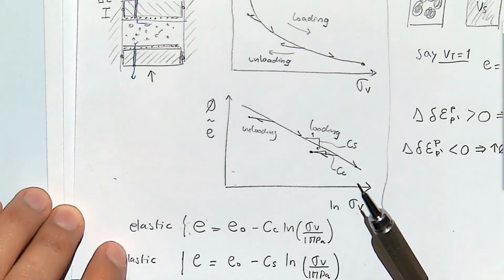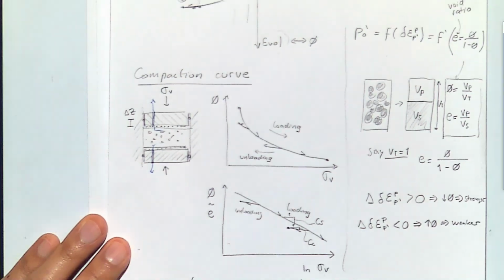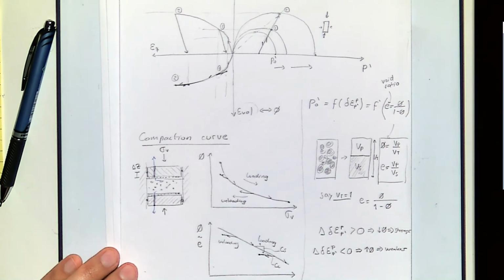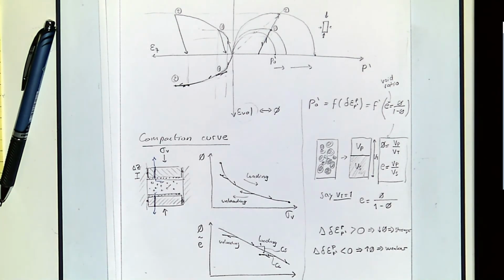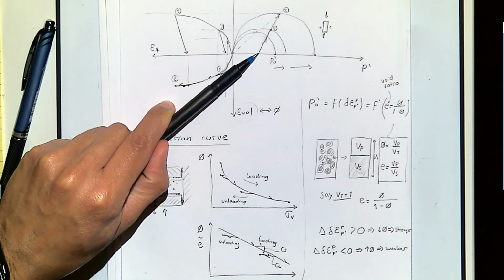So for example, let's see if I can put these two plots together. Let's say that I start somewhere over here, and let's say that's a point right over there.